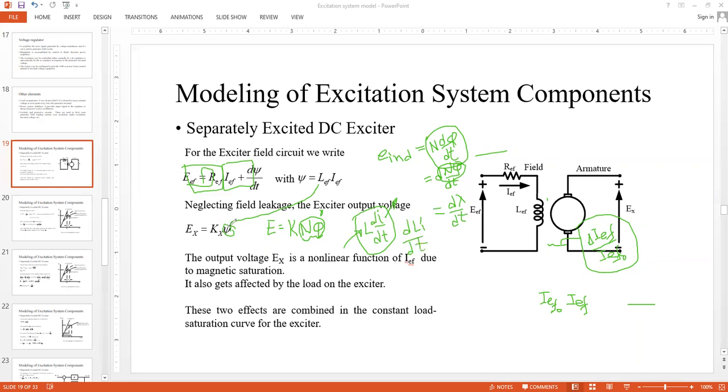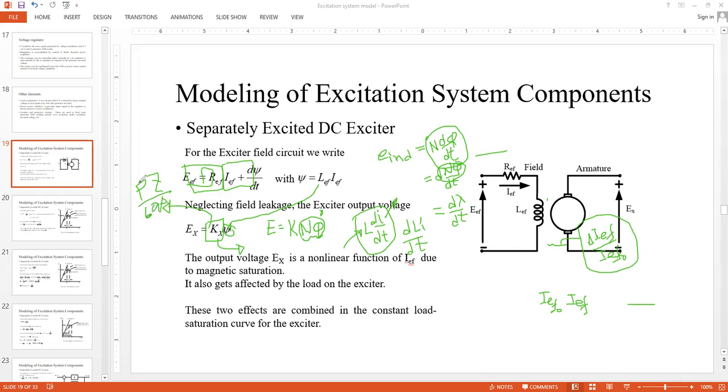So in a sense, this psi is similar to N phi. If we remove that, we are left with Kx. So this Kx is actually the machine constant. In the DC machine, that depends on your parallel paths, number of poles, number of conductors, probably Pz over 60A. Yeah.